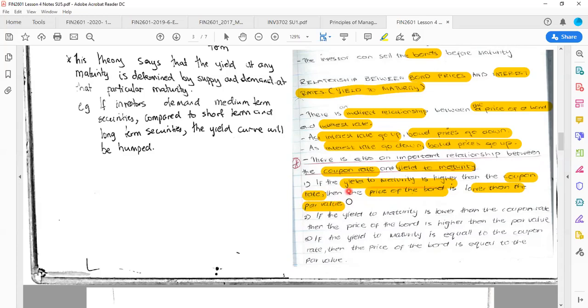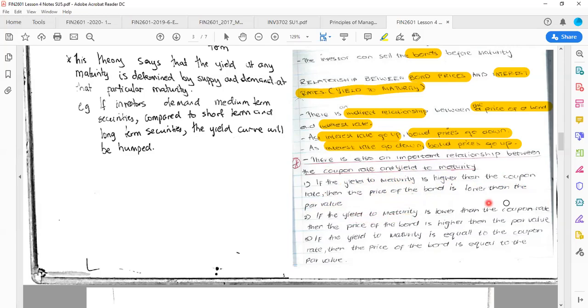This means if we look at a bond's coupon rate and compare it with its yield to maturity, which is just another name for interest rates, and the yield to maturity, meaning the interest rates in the market associated with the bond, are higher than the coupon rate, then the price of the bond will be lower than the par value.